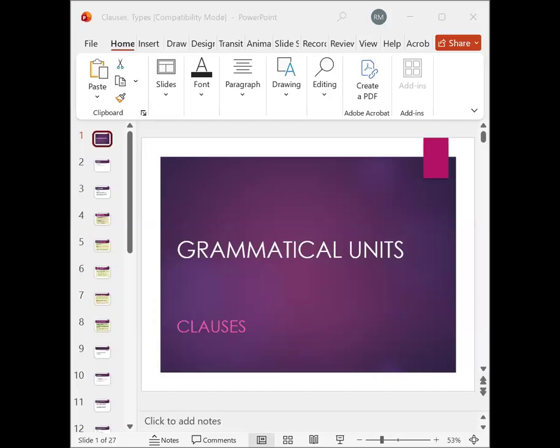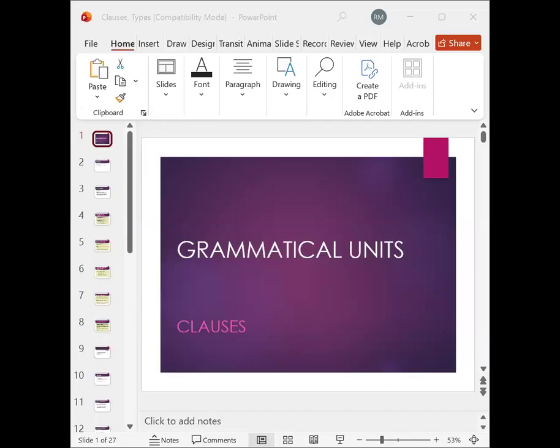So we have adjective clauses, adverb clauses. We do not have a verb clause, but we have a verb phrase. And I explained to you that the verb phrase is made up of helping verbs and the main verbs.